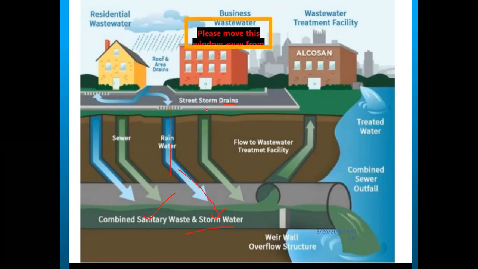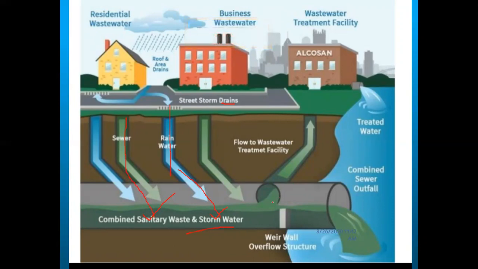So the green color portion: you can see the sewers, whatever comes from households, companies and other industries. Here it is passing in the green color portion, and again it is mixing in the combined sewer pipes. Next, the flow to the wastewater treatment plant.